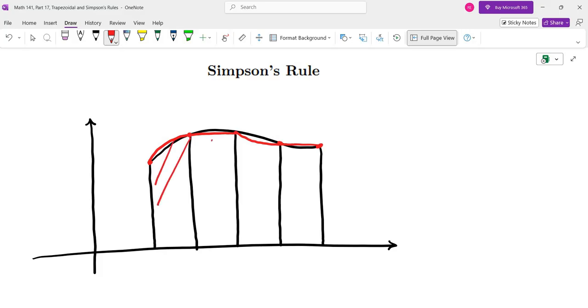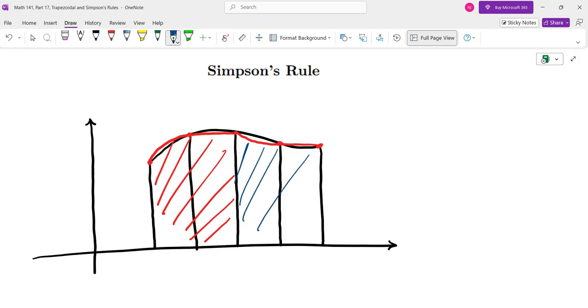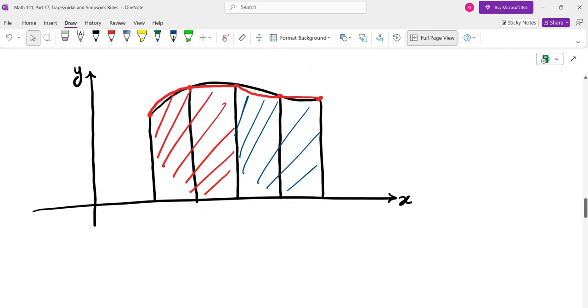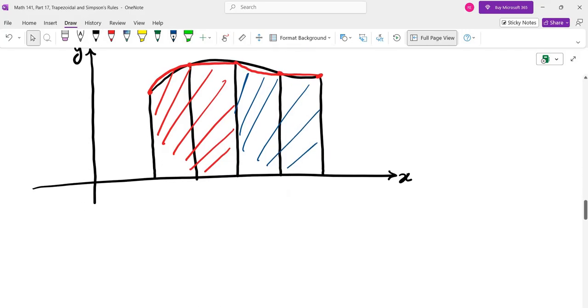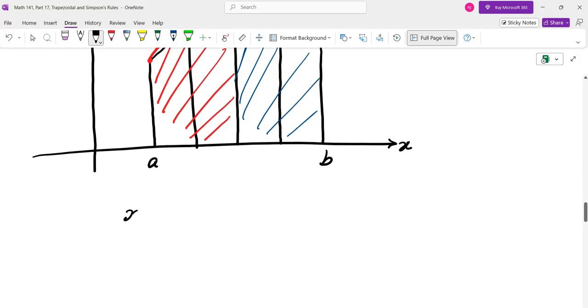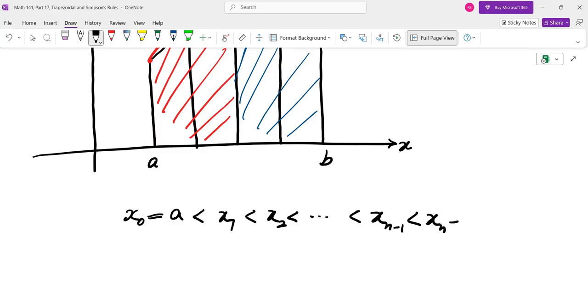And then we are going to evaluate the areas underneath the graph of these 2 parabolas, and we add them up. And that would give us another approximation. This method is called Simpson's rule. This approximation is going to be a better approximation. So again, we take the interval from a to b, we divide it into smaller sub-intervals, x0, x1, x2, all the way to xn minus 1 and xn.